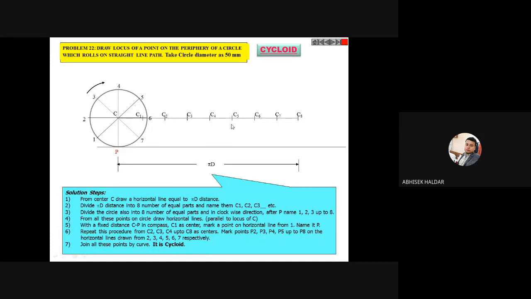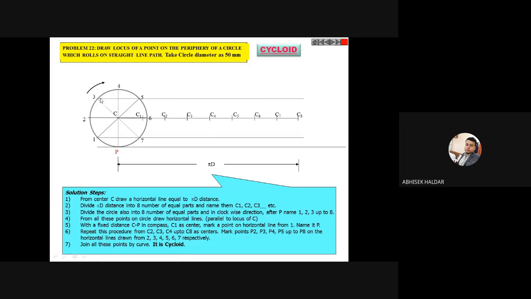Next step, these types of lines you have to draw again with the help of your roller and draw from point 1, which will obviously pass through point 7. If you have divided the circle into 8 equal parts perfectly, the horizontal line coming from point 1 should pass through 7, and that line will run up to pi d length.